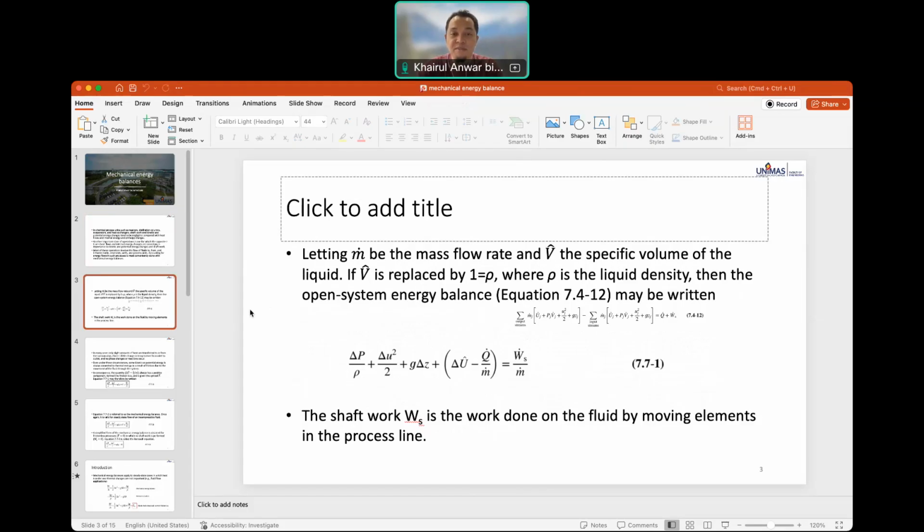If V is replaced by 1 over rho, where rho is the liquid density, then the open system energy balance 7.4-12 may be written as 7.7-1. The shaft work Ws is the work done on the fluid by moving elements in the process line.